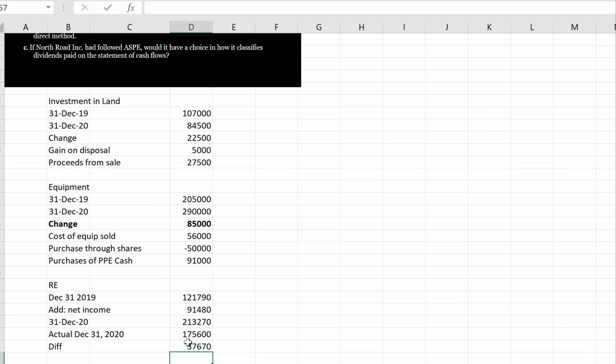That means that we must have issued dividends or declared dividends of $37,670. And this is a declare because it would go through a payable account, but because we don't have a dividend payable account on our statement of financial position, we can assume that this was paid in cash.